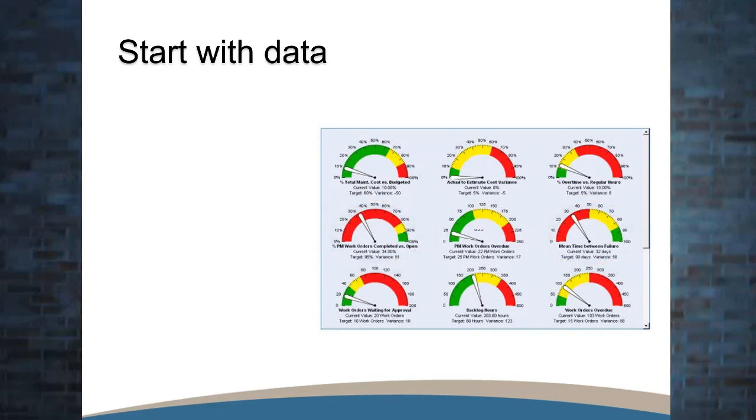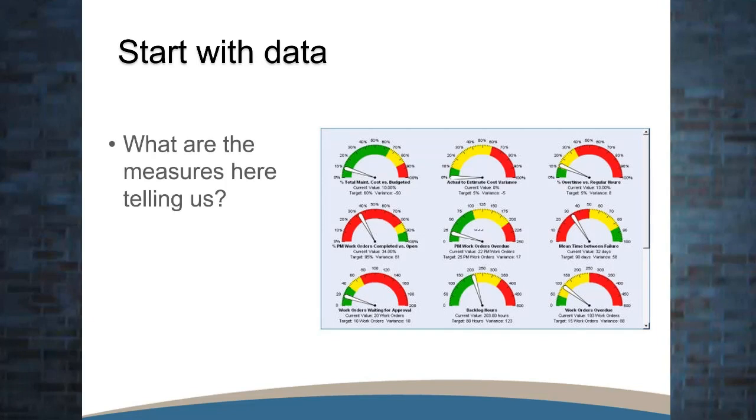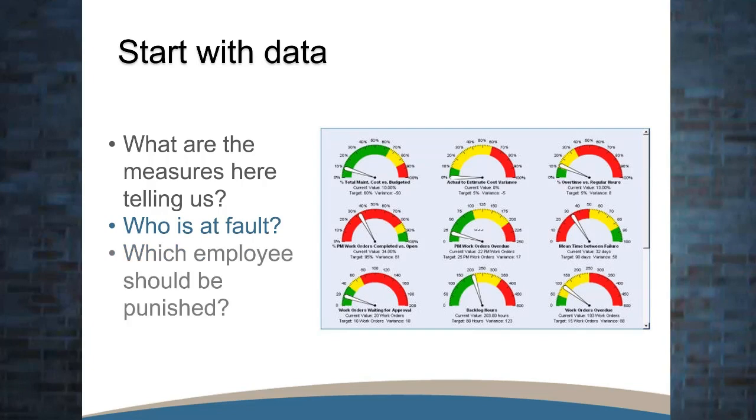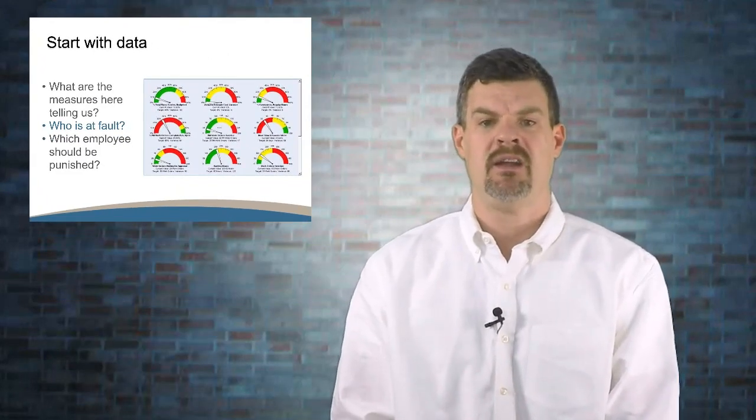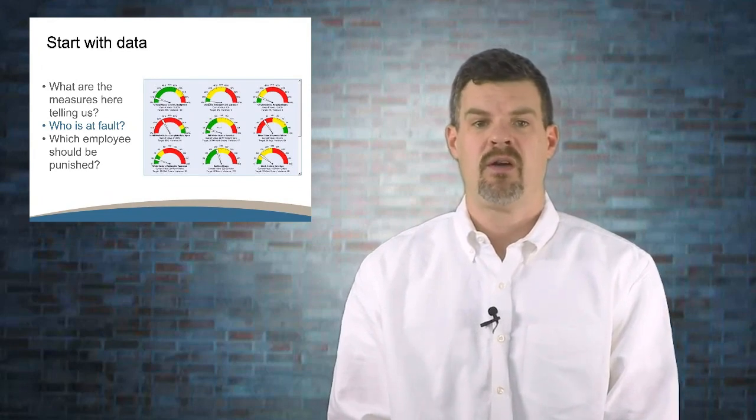That's something that needs to be evaluated for higher importance or a status that is poor, and consideration should be in place for bumping up the audit, increasing the audit frequency, the depth of the audit, etc. So what are the measures here telling us? Who is at fault? Which employees should be punished? If that's what you're thinking when looking at this slide, then you need to evaluate your thought process.